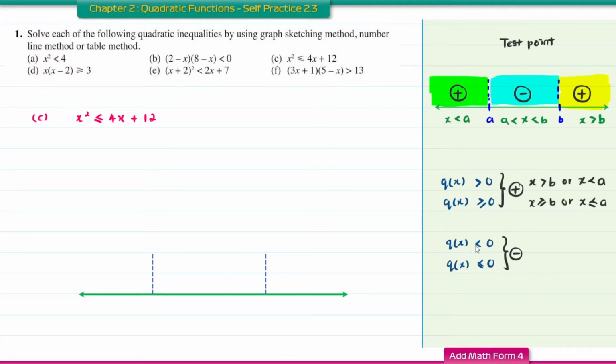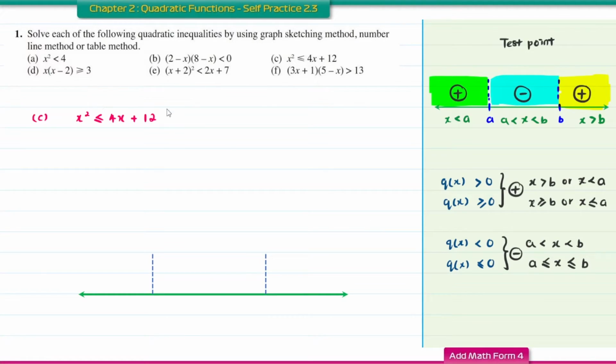So for quadratic equation less than 0, the solution is x greater than a and less than b. And for quadratic equation less than or equal to 0, the solution is x greater than or equal to a and less than or equal to b.